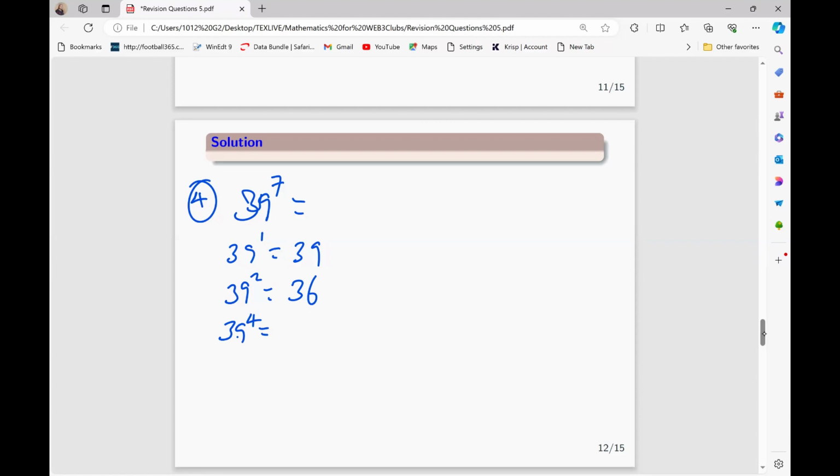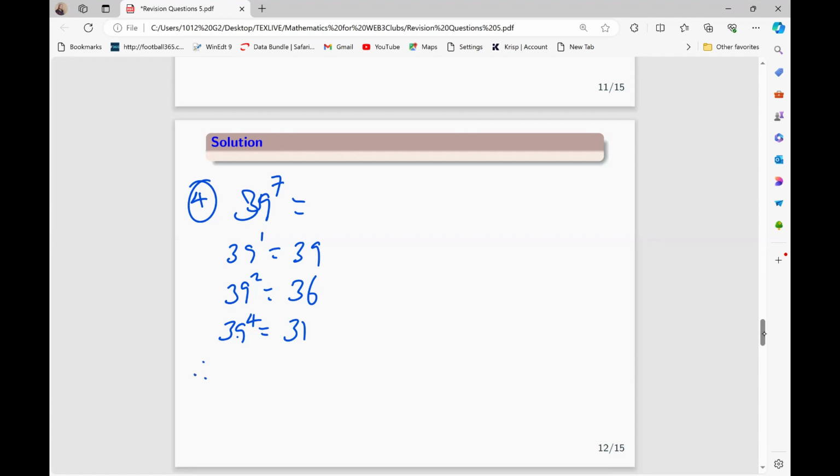It is 36 squared. 36 squared is 1,296. We are doing it mod 55. It goes there 23 times. The remainder is 31.